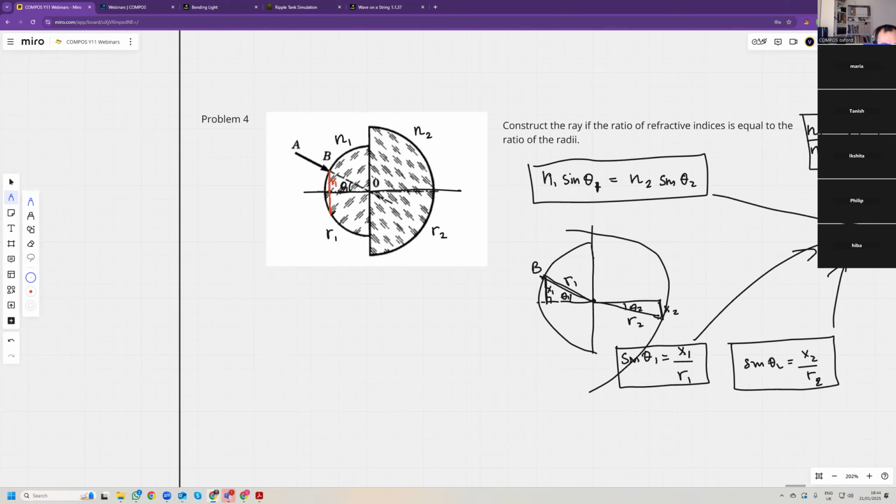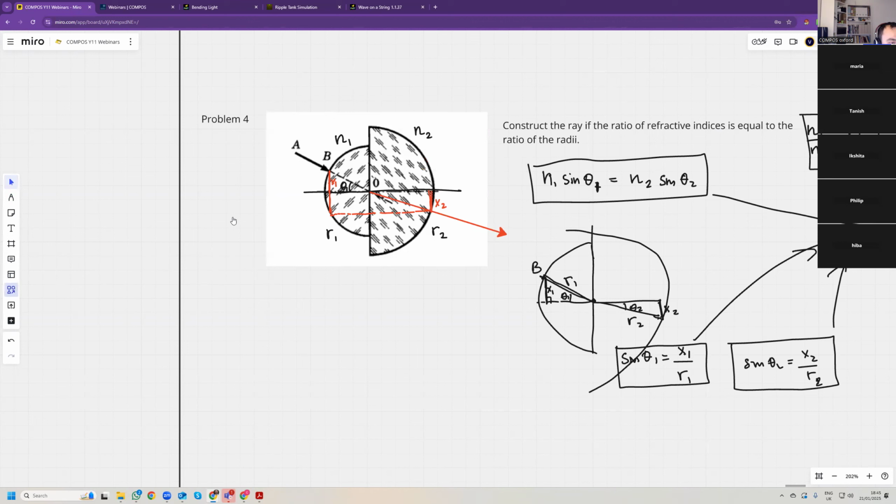Now, if I draw a parallel line, here this is going to be x2, and this line is going to be the continuation of that ray.